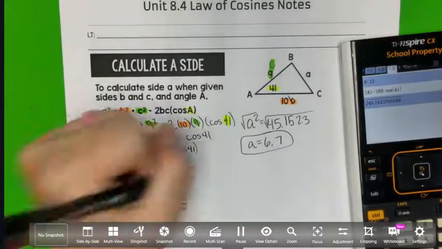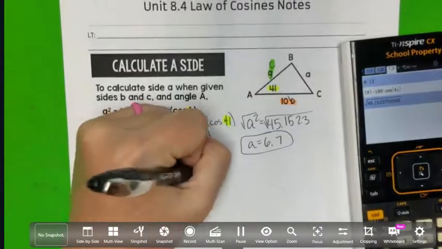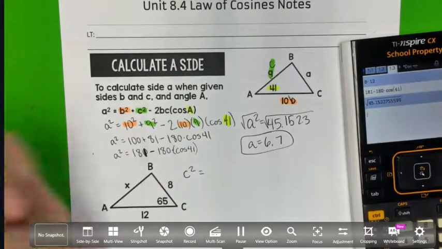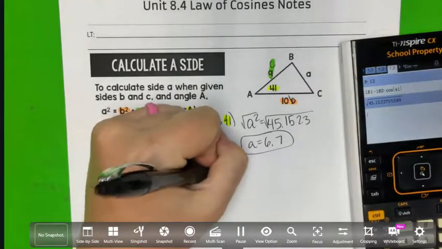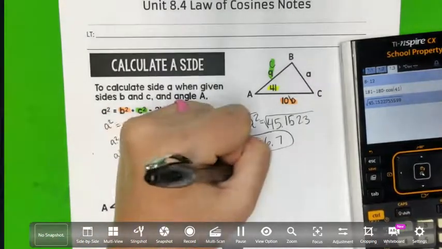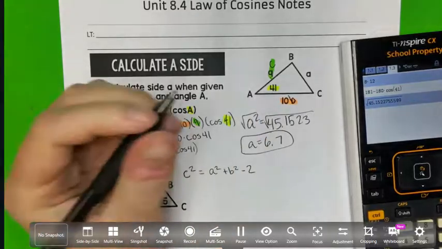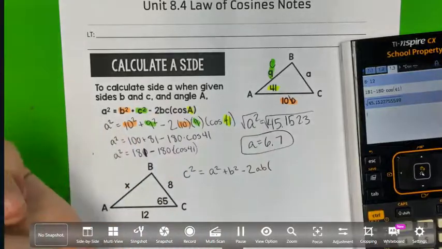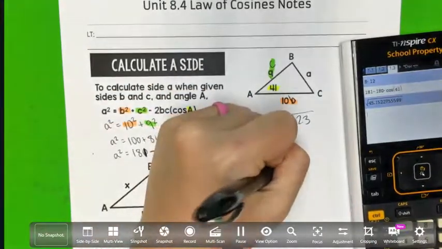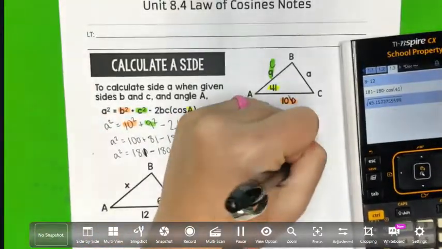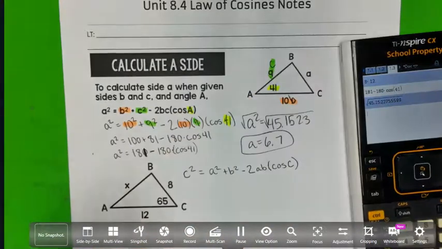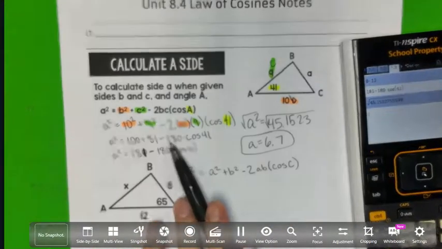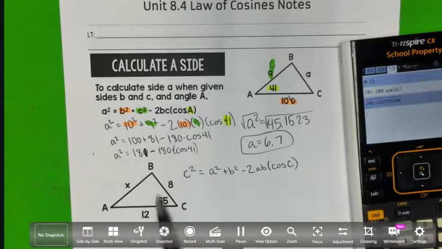We are looking for side C, so C squared is going to equal A squared plus B squared minus 2 times AB times the cosine of C. It's exactly what I did up there, except now we're looking for C, so we have to switch these out.